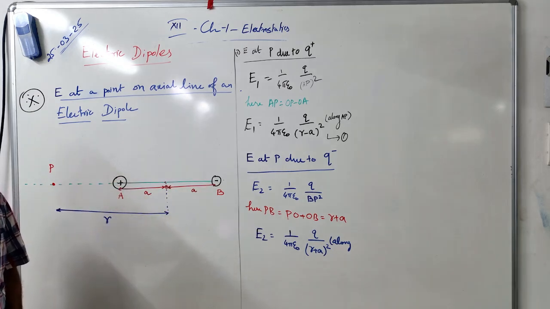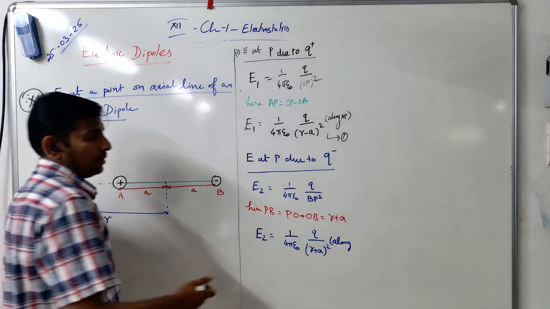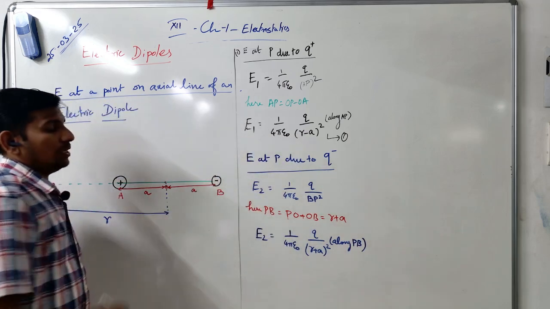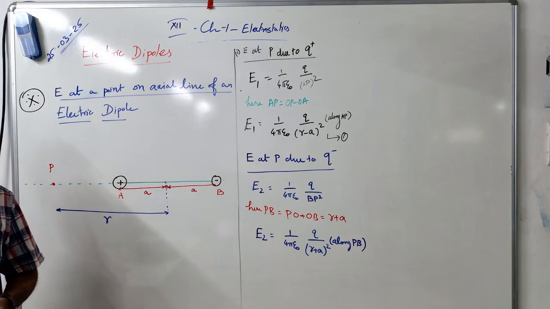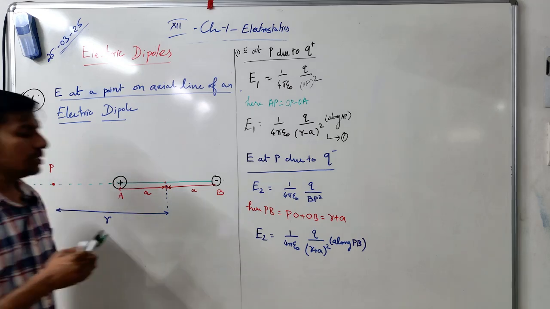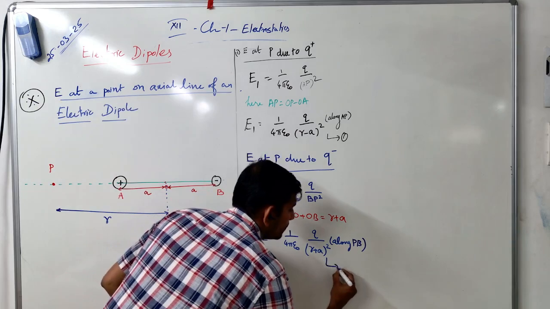Due to the negative charge, the field should be inward, along P towards the negative charge. Positive charges have the field away from the charge. Negative charges have the field lines towards the charge. Noted? Can we proceed? So let this be equation number 2.